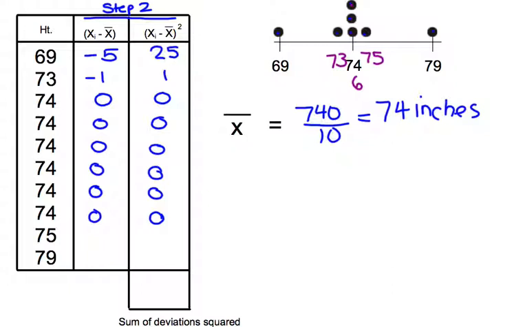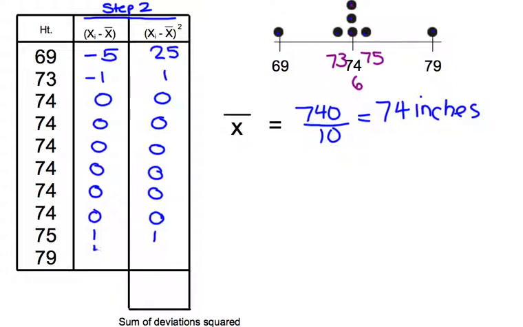Now we head down to 75. 75 minus 74, you'll notice that's 1. So go ahead and change that to a 1. Then we have to square it. 1 times 1 is 1. Our last one, 79 minus 74, we get a 5.